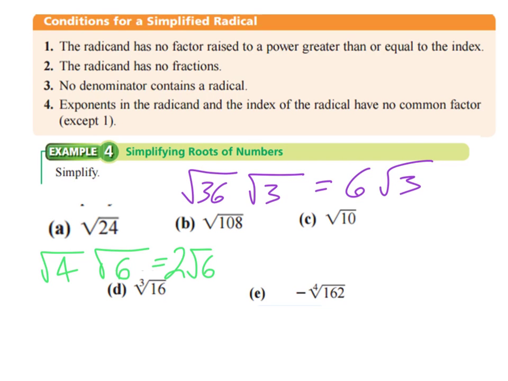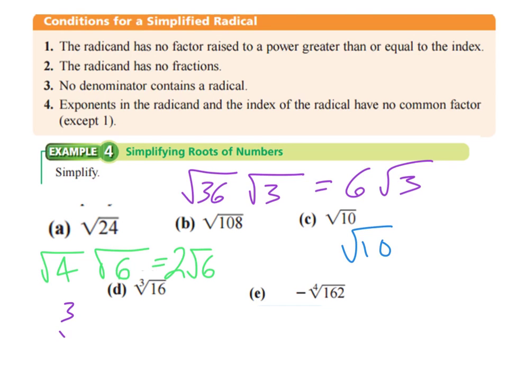Now looking at something like the square root of 10, the square root of 10 is actually simplified already. The only perfect square factor that it has is 1, which does not help us reduce it. If you look at the other factors for 10, 2, 5, and 10, none of those are perfect squares. So the square root of 10 is all we can do there. Now looking at example D, we've got the cube root of 16.